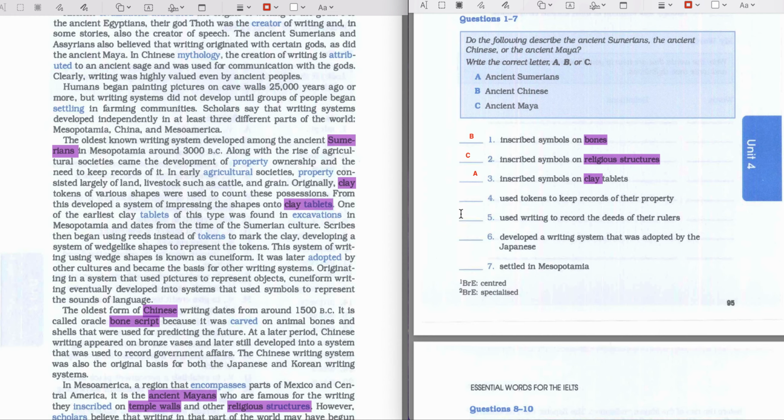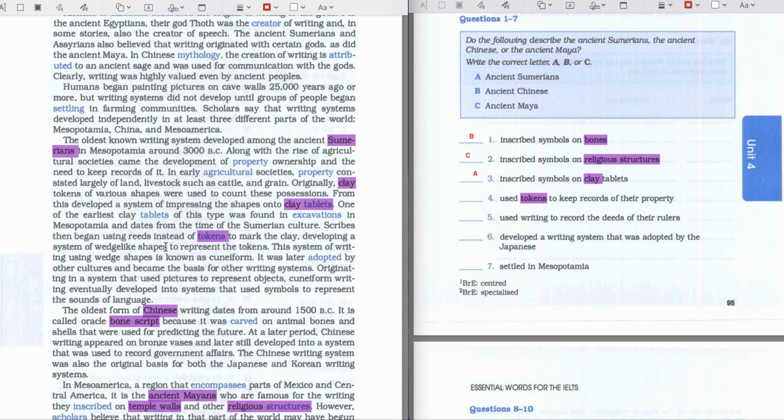Use tokens to keep records of their property. Speaking about tokens, we've seen some information about tokens here, and let's first of all highlight the keywords which we have to find in the text. We need some information about tokens which one of the civilizations used. They were talking about tokens here.